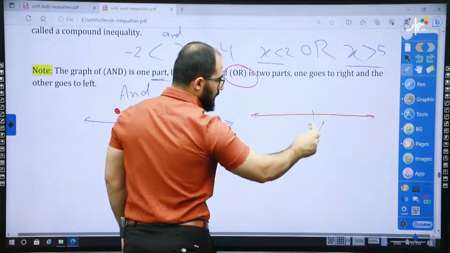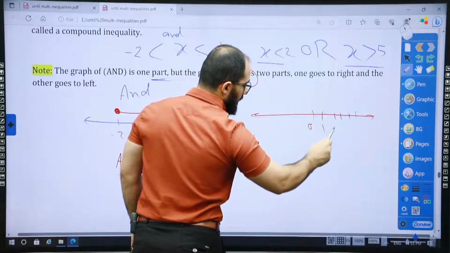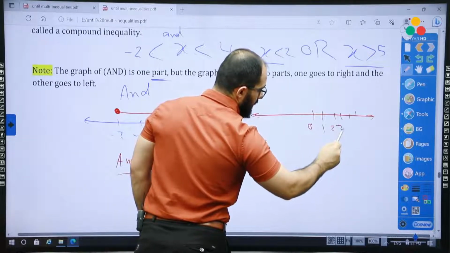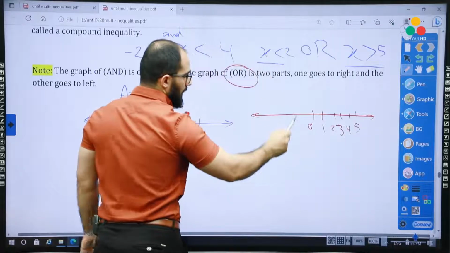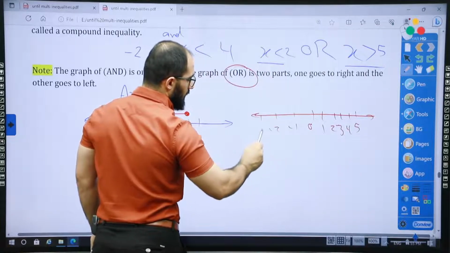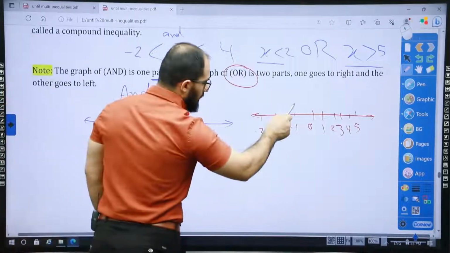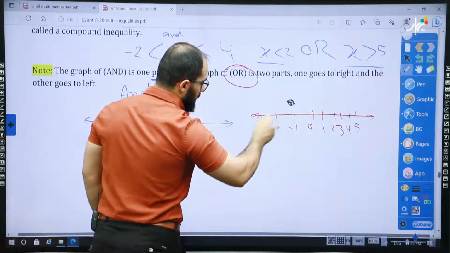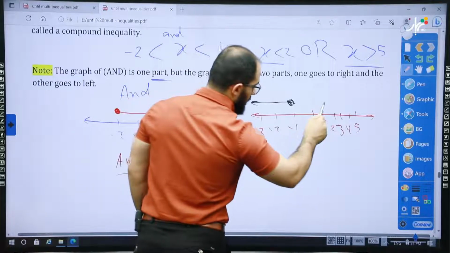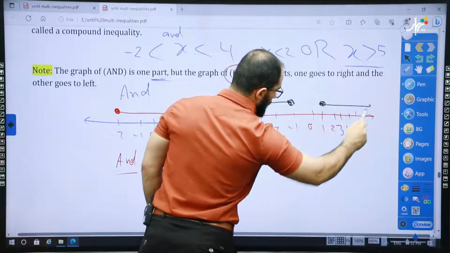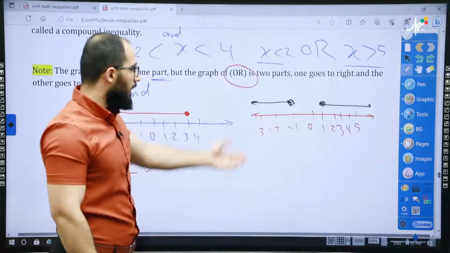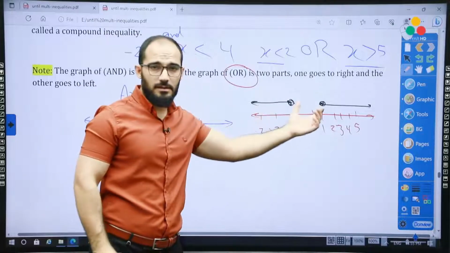We have 0, 1, 2, 3, 4, 5, and we have negative 1, negative 2, negative 3. So it's quite clear. You can see that the graph is two parts.